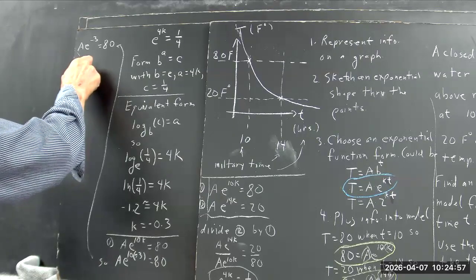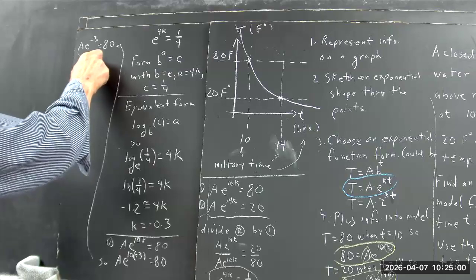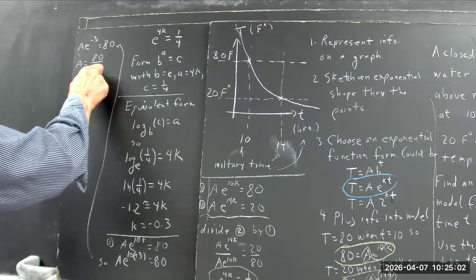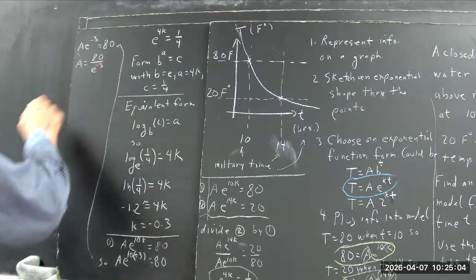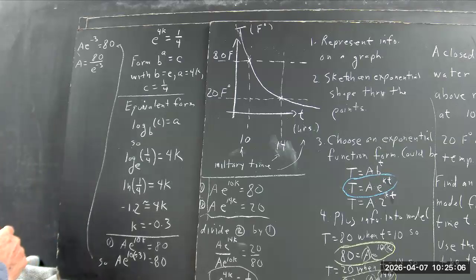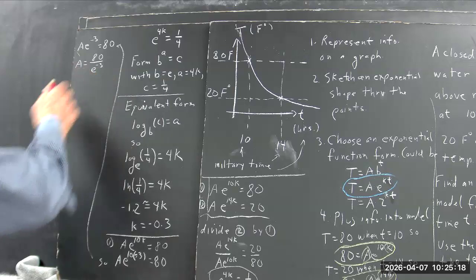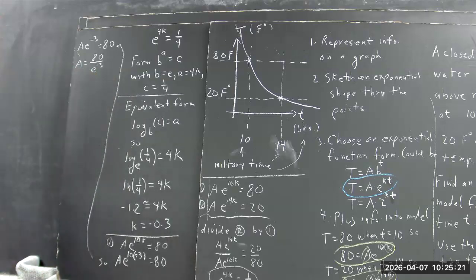So a equals 80 over e to the negative 3. Now I'm getting what seems like a ridiculous result, but it isn't all that ridiculous when you think about it. Okay, e to the negative 3 is ballpark 1/16.